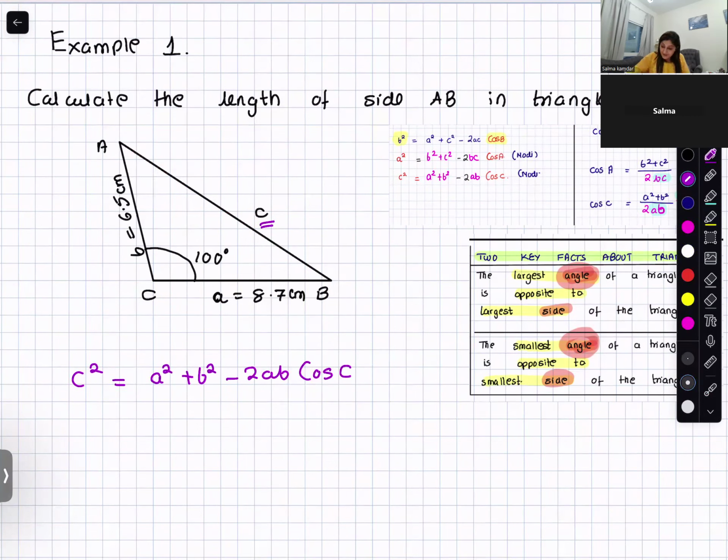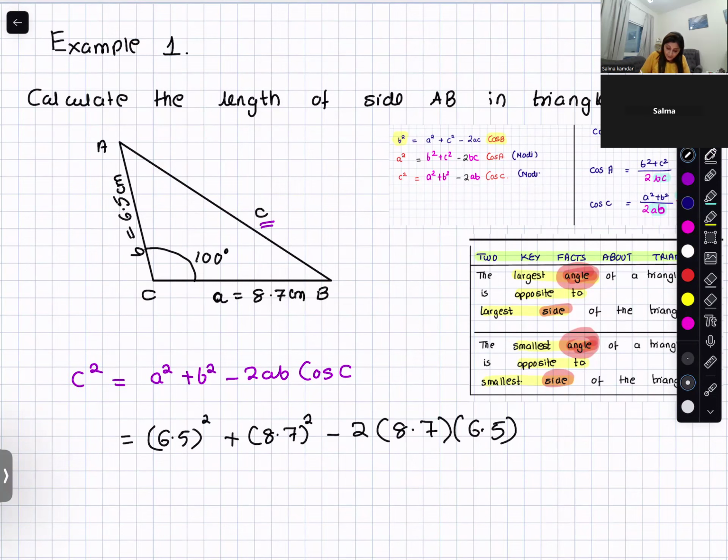Now you start substituting the values. So what is a square? a square is 6.5 the whole square plus 8.7 the whole square minus 2 times 8.7 times 6.5 times cos of 100, cos C. And you would get c as the root of all this.